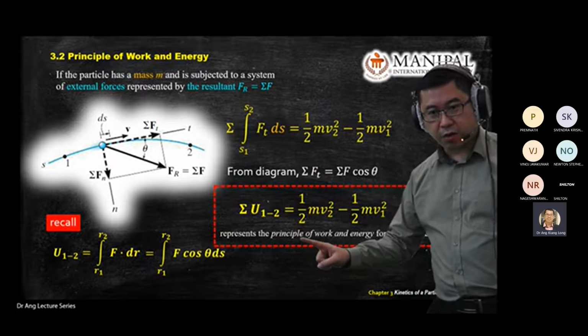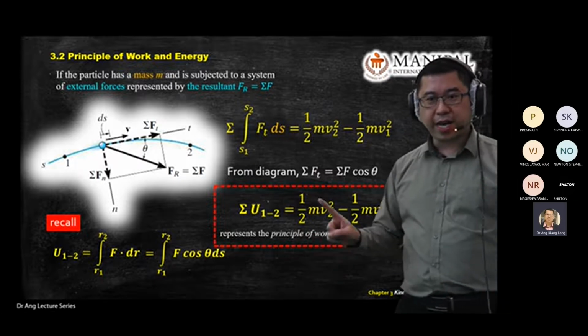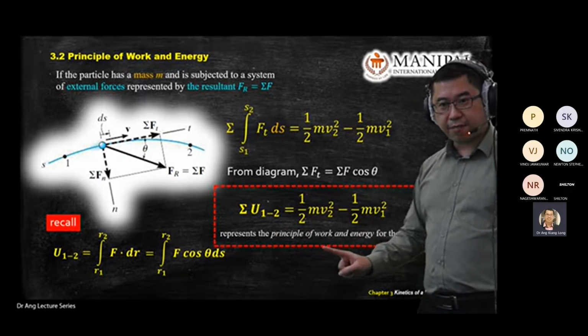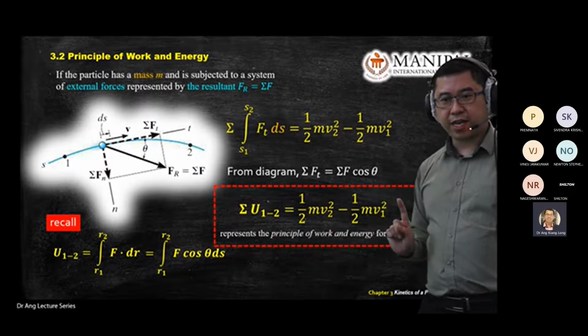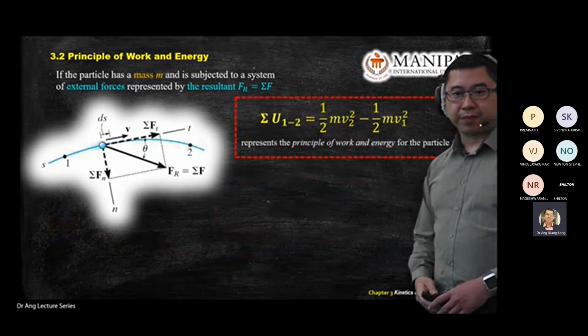That's why this is called the principle of work and energy. Inside here, you see energy and work. That's why the name comes like that. Work on the left hand side, energy on the right hand side.